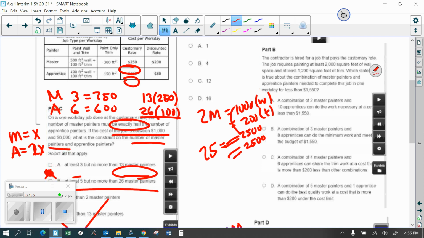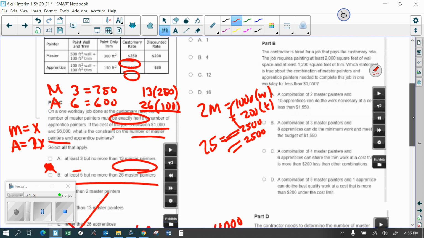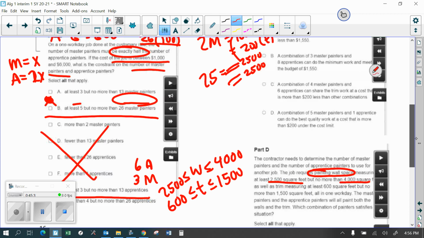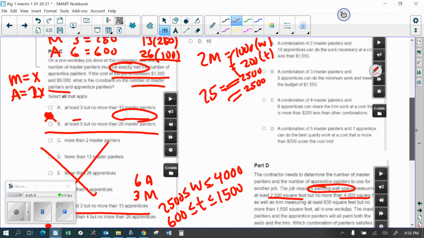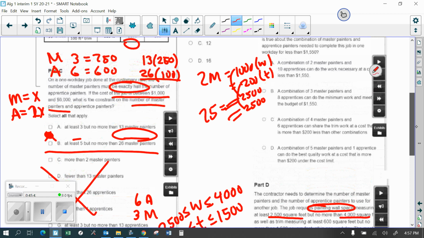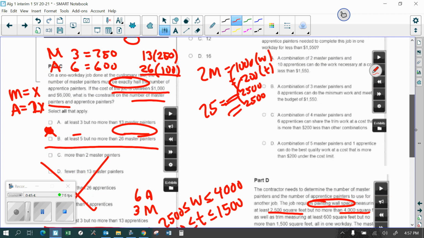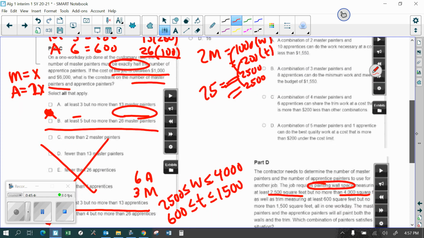So that gives me 3,500, which is within range for the wall, and that gives me 2,700 for trim. 2,700 is way too high, so that's out.